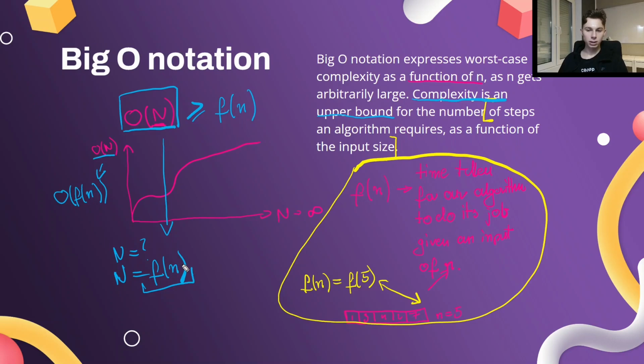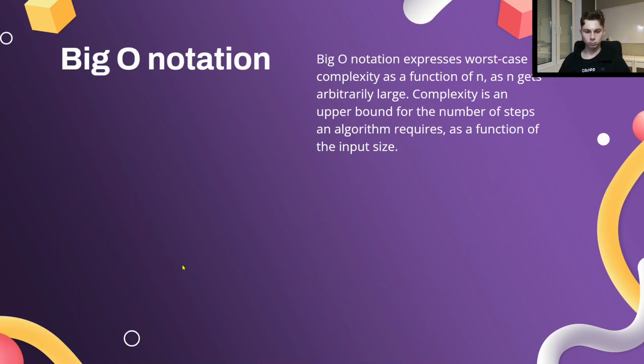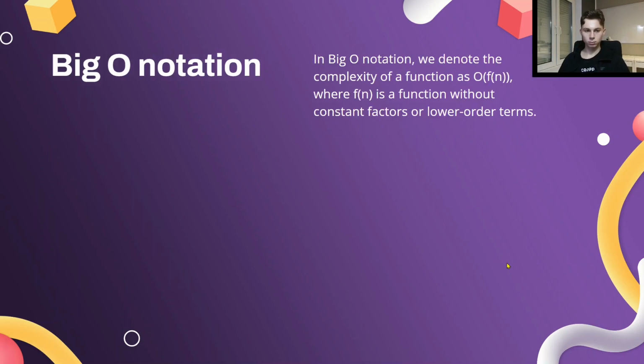Let's explain the second part of the big O notation. In big O notation, we denote the complexity of a function as O of f of n, where f of n is a function without constant factors or lower order terms. We know the first half, so in big O notation, we denote the complexity of a function as O of f of n.